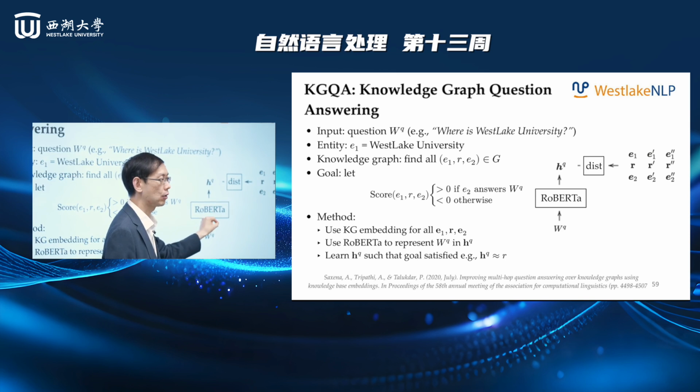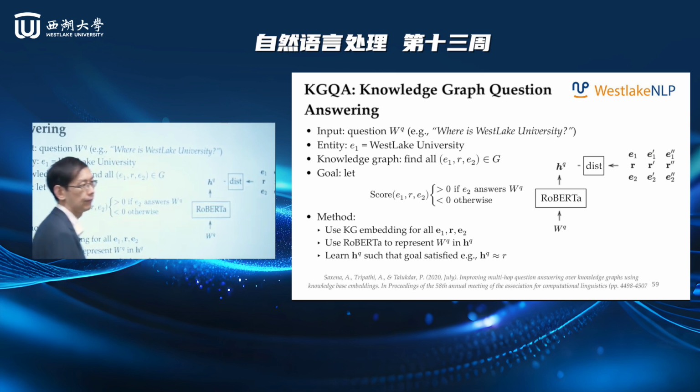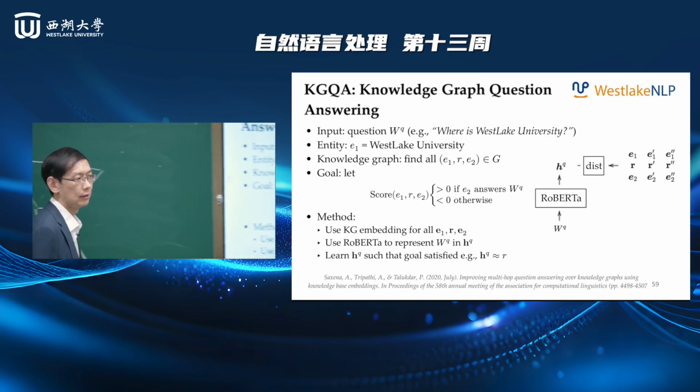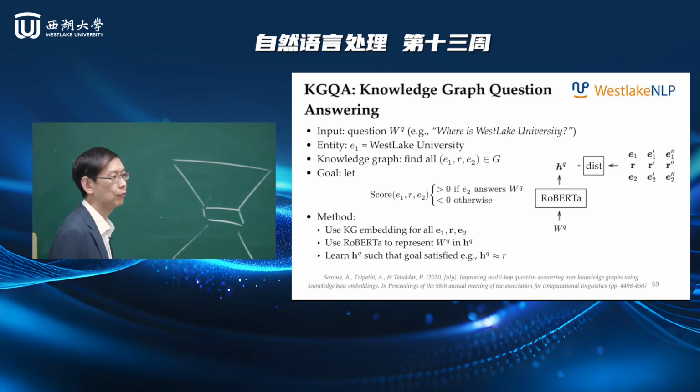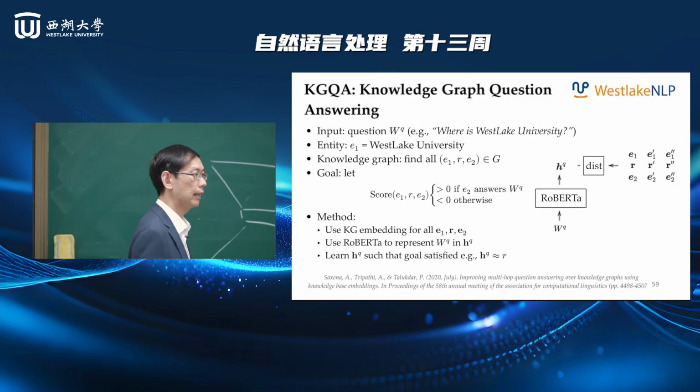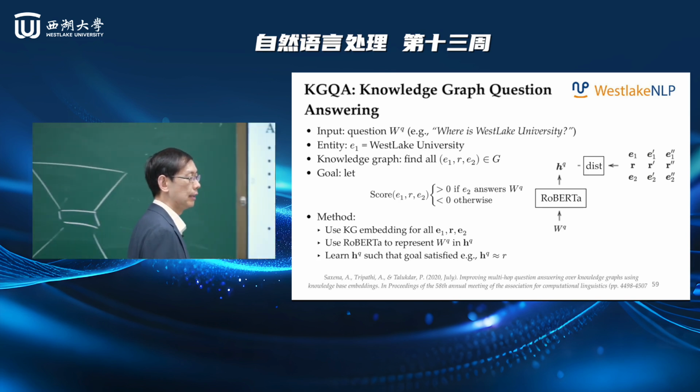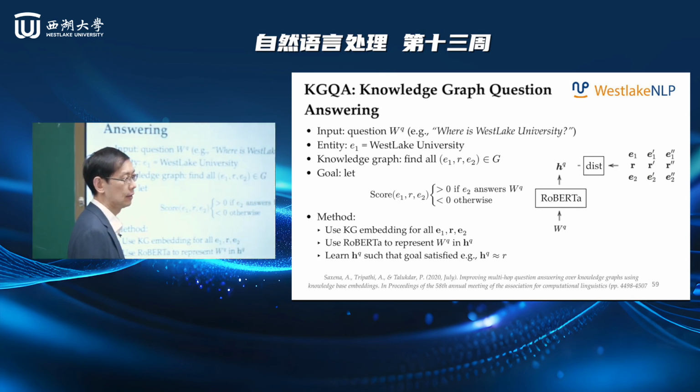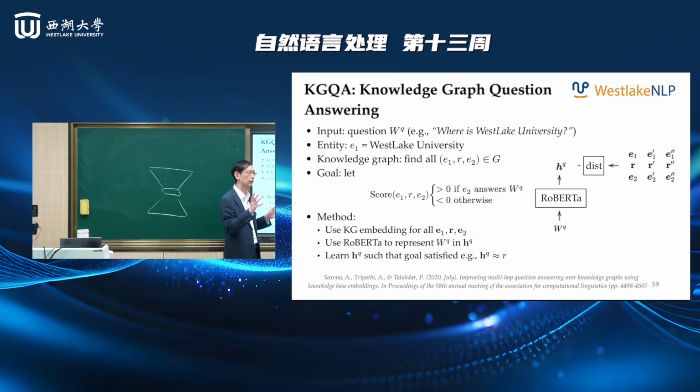And the E2 that corresponds to that R is the answer. Given this problem formulation, which is innovative, all I need to do is to fine-tune BERT when I have a lot of gold standard question-answer pairs. We can make use of the knowledge graph to answer questions.